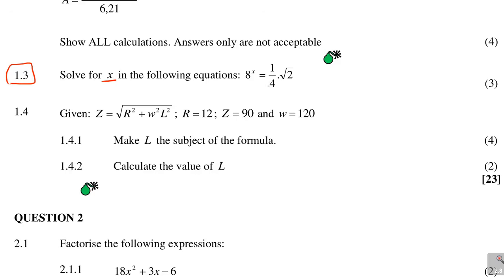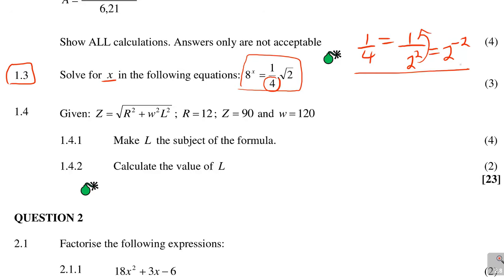So solve for x in the following equations, and I'm given that. Again, it's how many marks? This is 3 marks, so I don't think it was much of a problem there. But first things first, you needed to know that 1 over 4 is the same as saying 1 over 2 squared, which you take to the top, it's 2 to the power of negative 2.